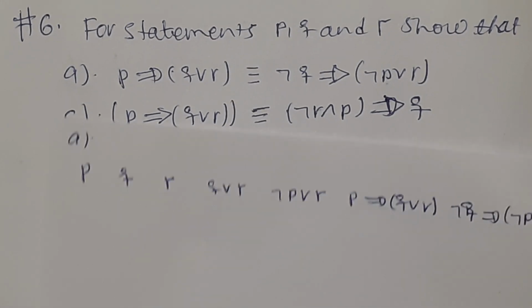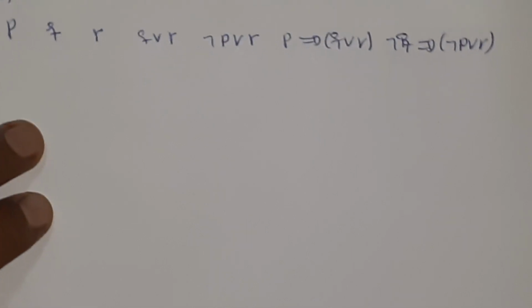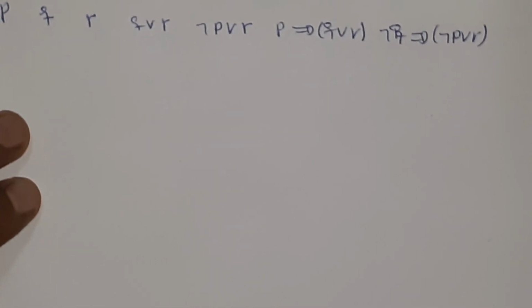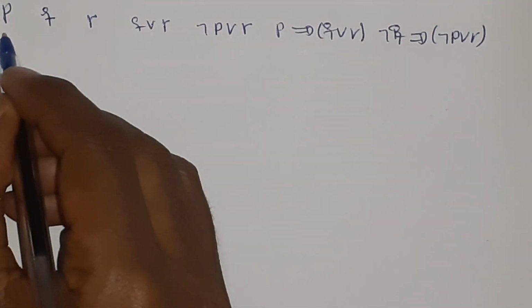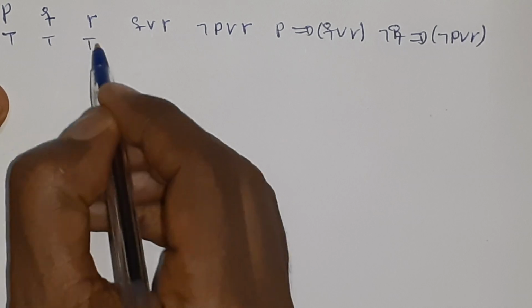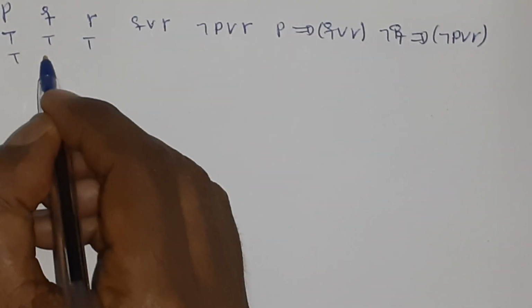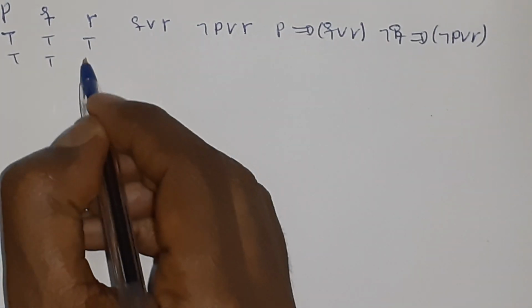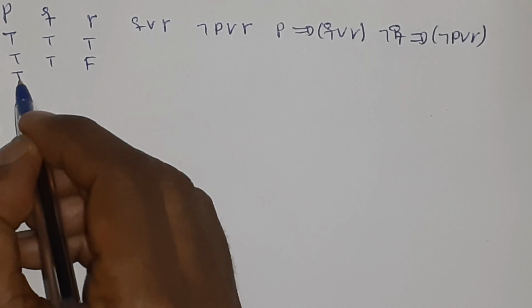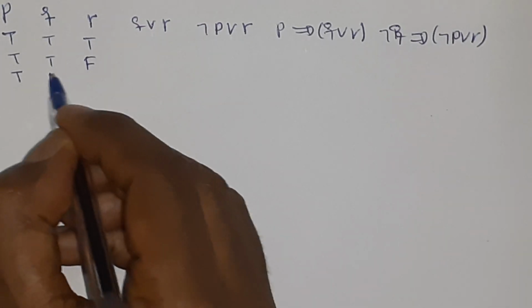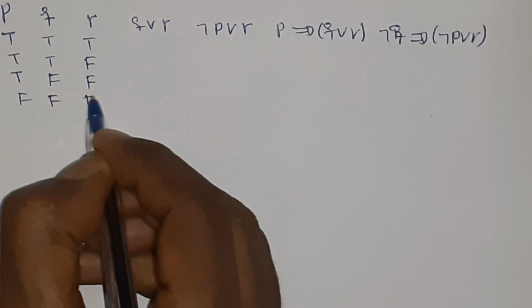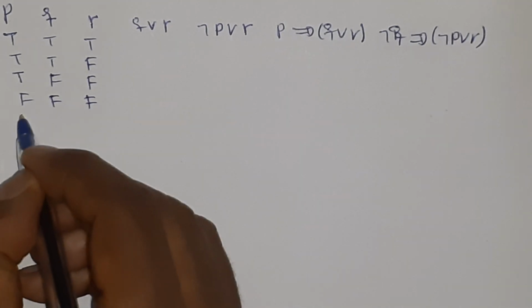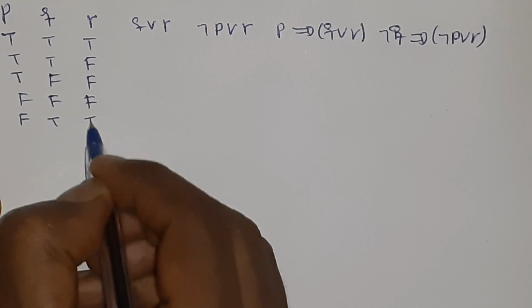Then the possibilities for the truth values of the component statements: since we have three simple component statements, we have 2 to the power of 3, or simply 8 possibilities. All three true. The first two true and R false. Only the first true and the other two false. All three false. The first false, but the other two true.